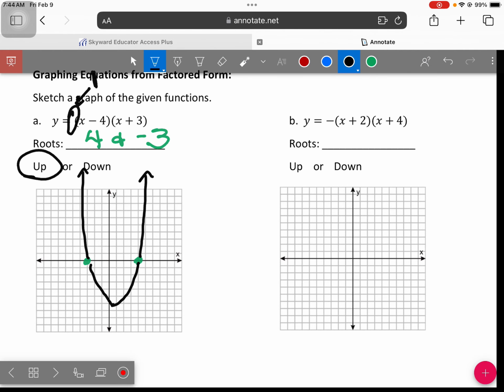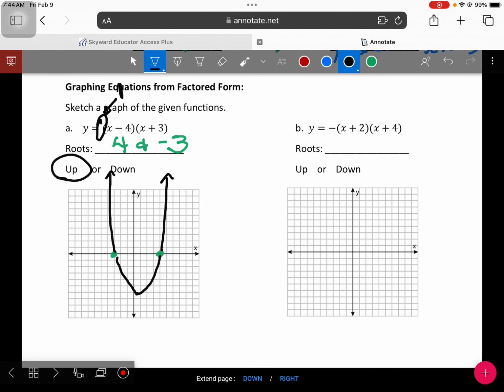All right, so let's look at b. Y equals -x plus 2 times x plus 4. Morgan? Is that your name?